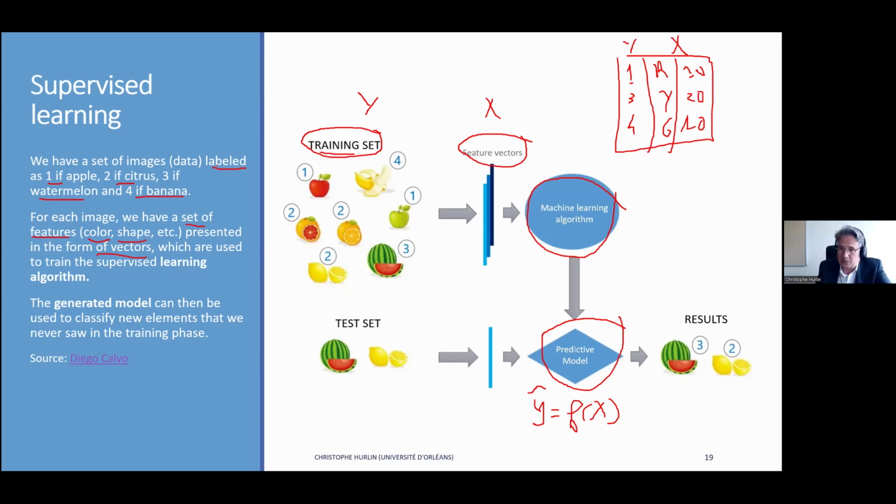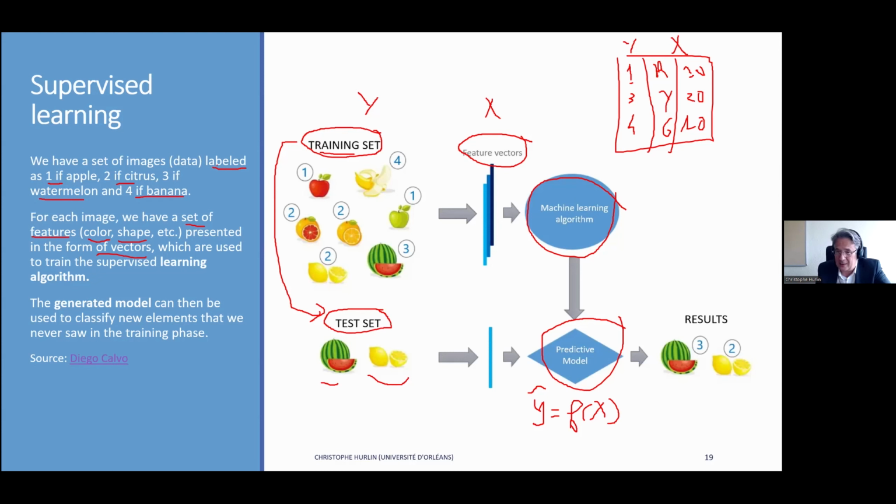So this model now can be used on a new data set, which is different from the training data set, which we call the test data set, in which we have some new images of fruits that have not been used during the training of the model.